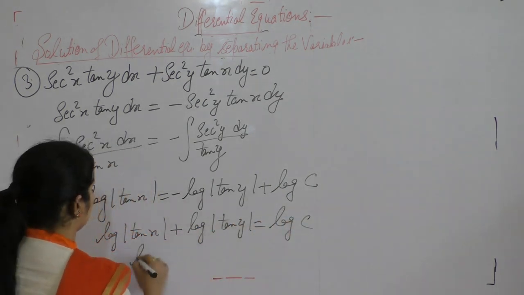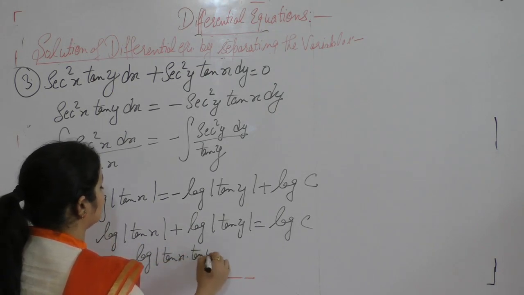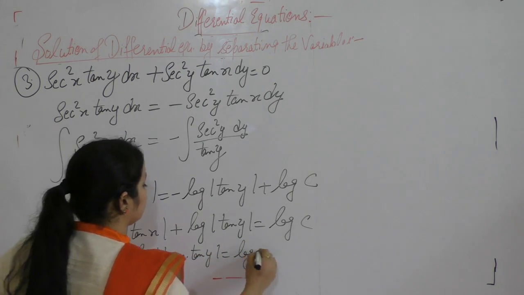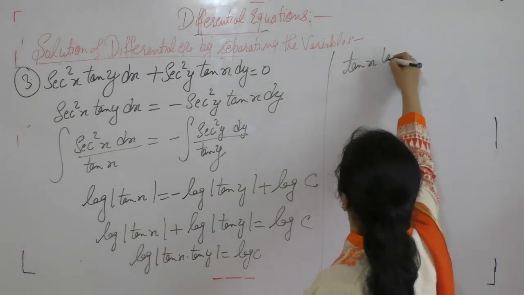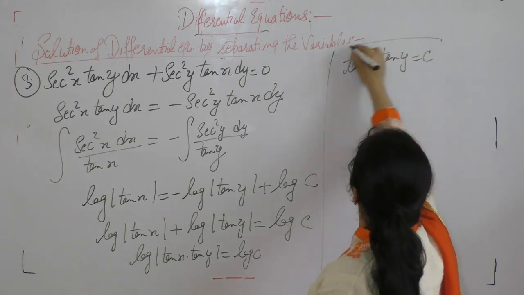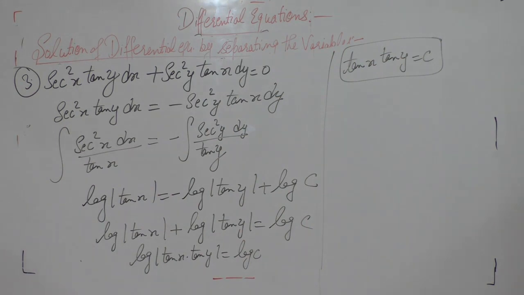Log a plus log b, we can write it as log a into b. So tan x into tan y is equals to c.